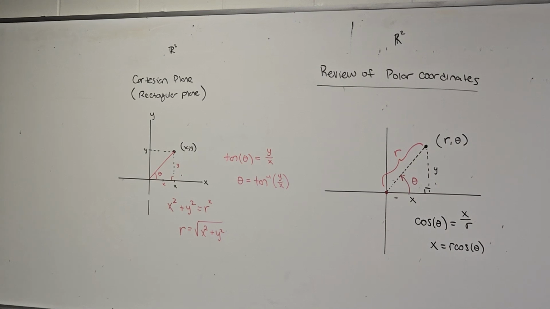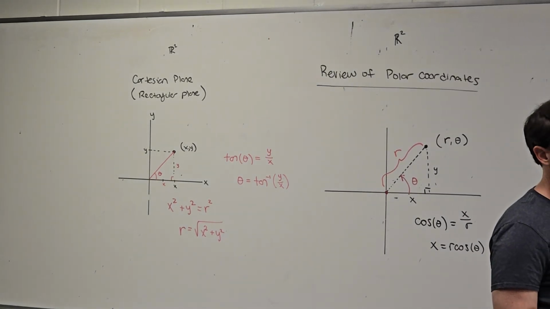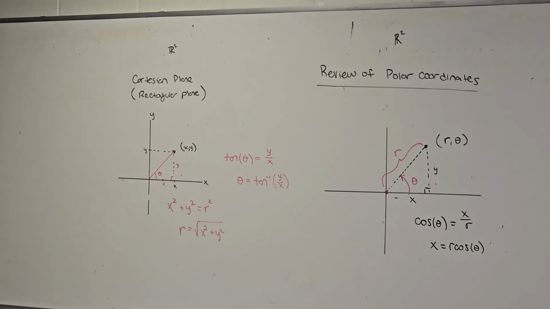So I have in rectangular coordinates (4, -4). The goal is to now write this as a polar coordinate. I'm just going to look at my toolbox. This says that r is the square root of x squared plus y squared. It's the square root of 32.